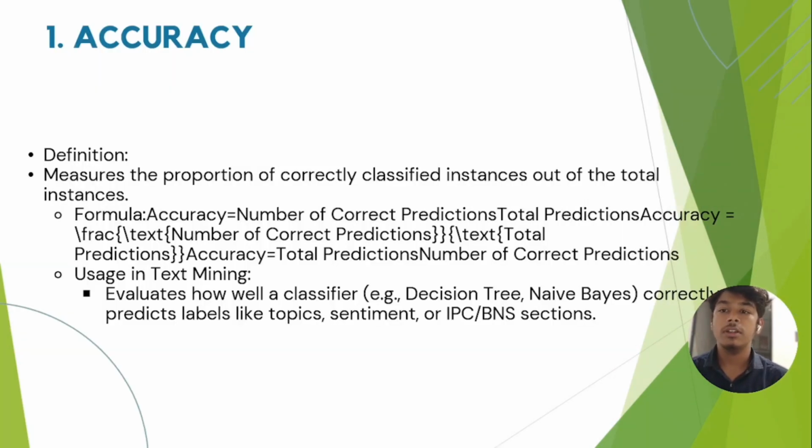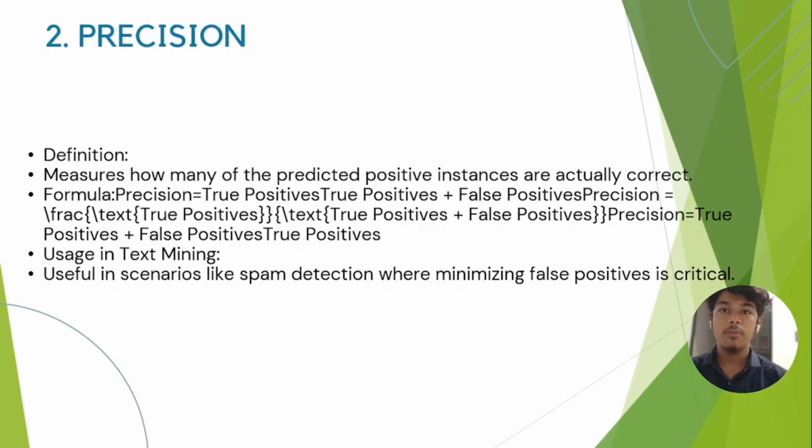First, accuracy. Definition: measures the proportion of correctly classified instances out of total instances. Usage in text mining: evaluates how well a classifier correctly predicts topics like sentiment or IPC or BNS sections. Precision measures how many of the predicted positive instances are actually correct.